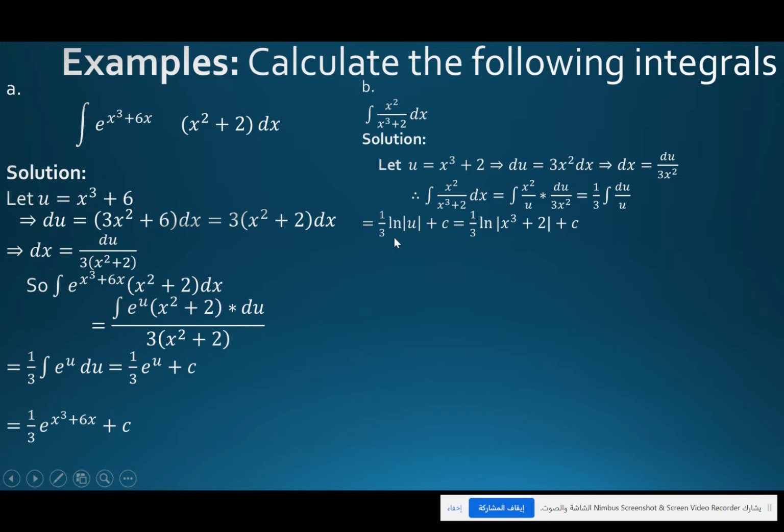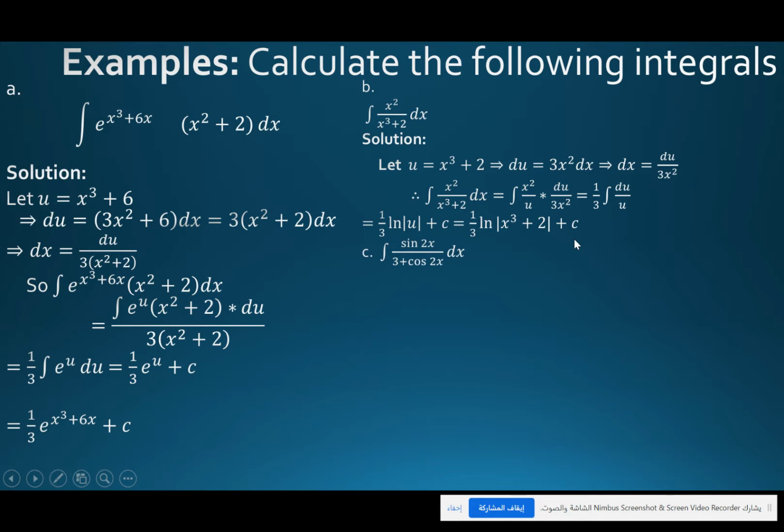So 1 over 3 ln of u inside absolute value, because ln doesn't accept negatives, plus c because it is an indefinite integral. 1 over 3 goes out, and ln returns u back as it was, x cubed plus 2, plus c.